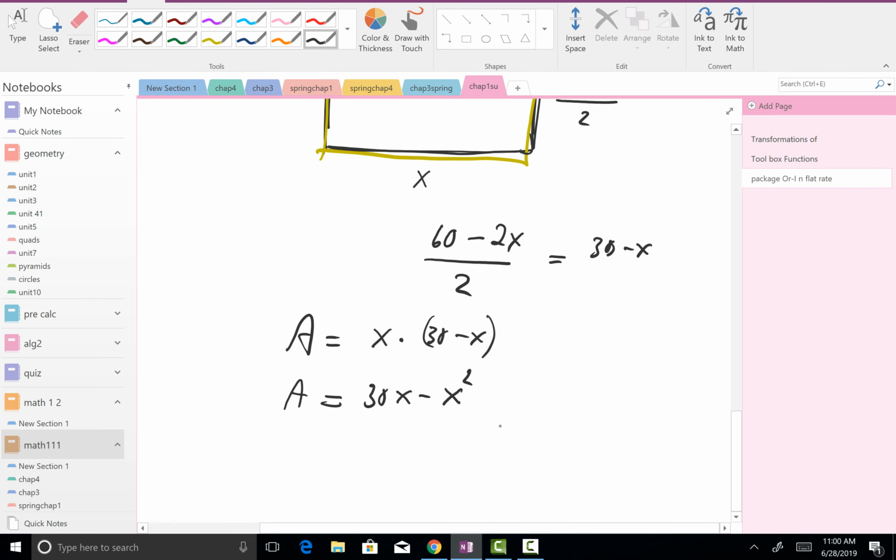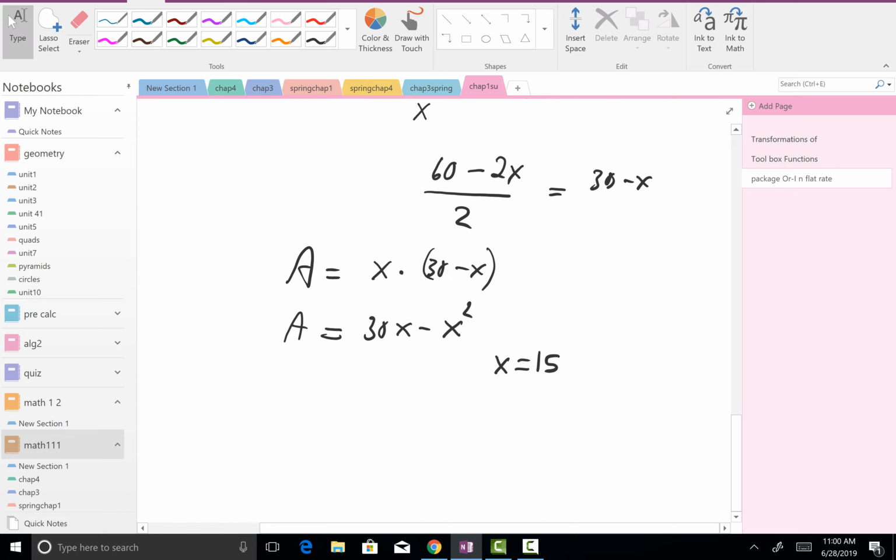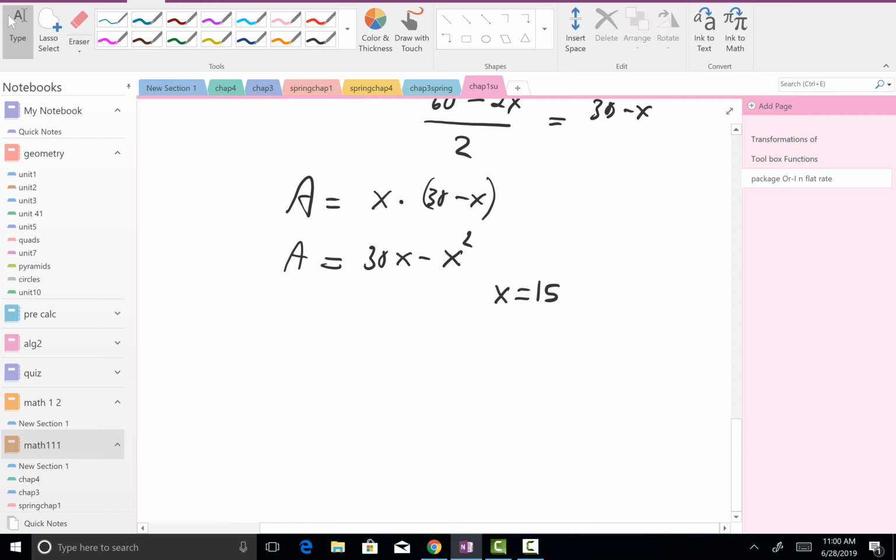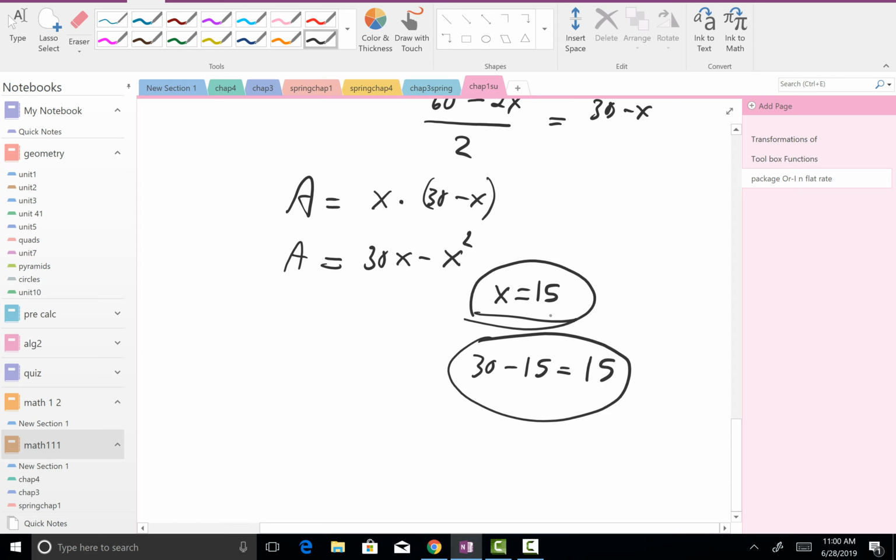So now I know that my x value that gives the largest area has got to be 15. And most of you probably know that if this is my x value, let's see what the other one's going to be. We have a 15 by 15 shape, which is a square. And of course, a square is going to give you the maximum amount of area for a rectangle.